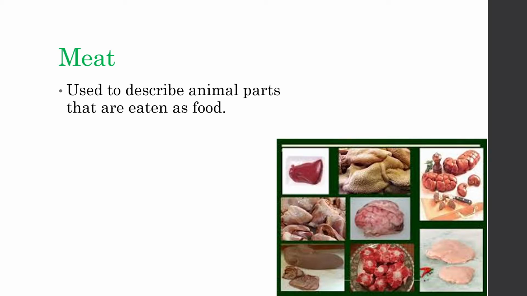We are all aware that most people, excluding the vegetarians, eat meat or karne. Again, meat is used to describe animal parts that are eaten as food.